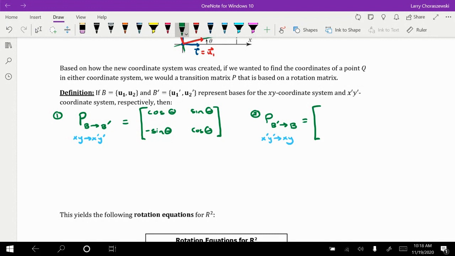And since these matrices are orthogonal, the inverse is just a transpose. So this is going to look very similar to matrix 1, but it's going to be different in the sense that it's its transpose. So the first row is going to be cosine theta, negative sine theta. And then the second row is going to be sine theta, cosine theta.